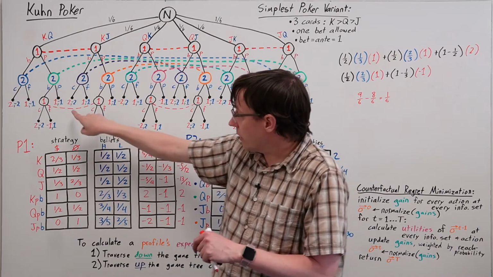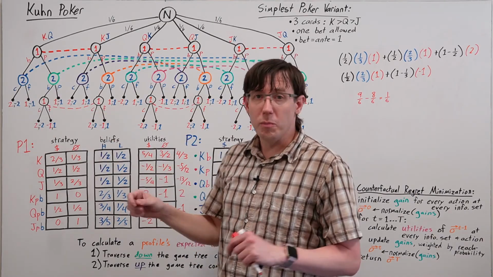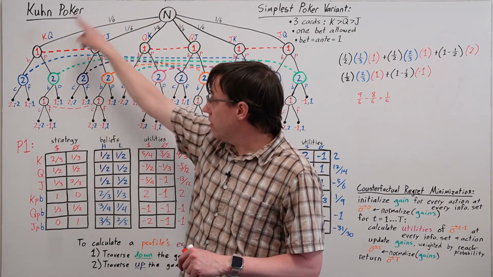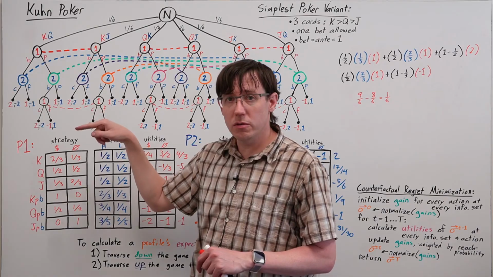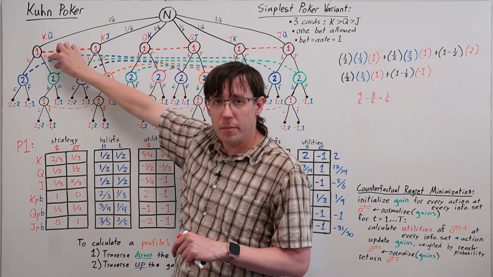And so that means when we're calculating the probability of this information set, we would multiply out the probability on each of the edges down the path to these nodes, but we would skip any probabilities that belong to player 1.